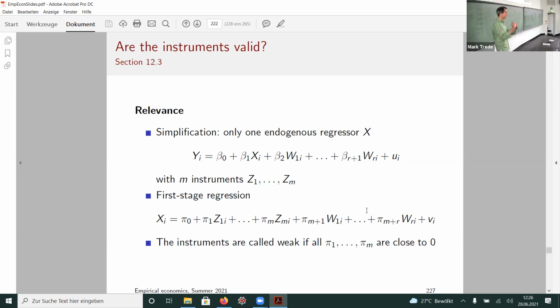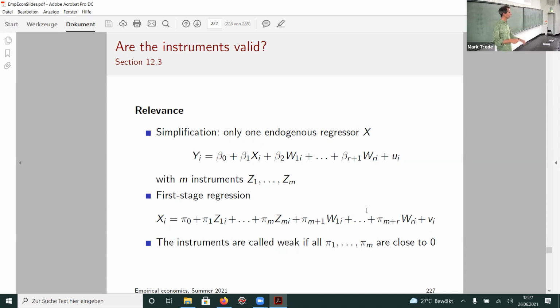So do we have additional predictive power of the instruments? That's what we need. And since the instruments are exogenous, this predictive power will split the X into its two components. All right.